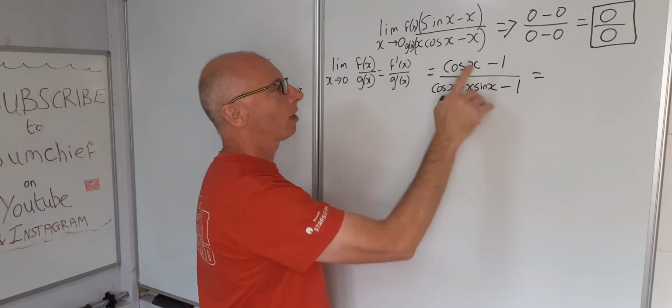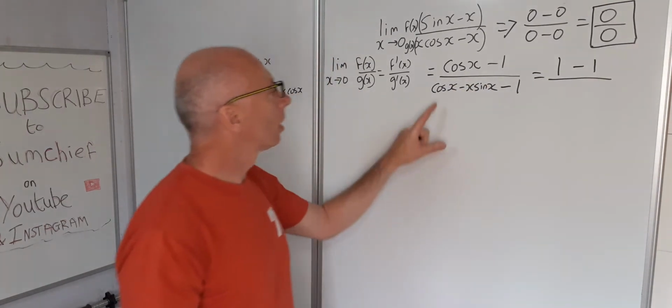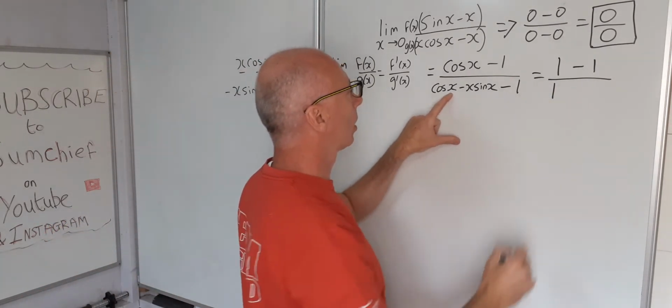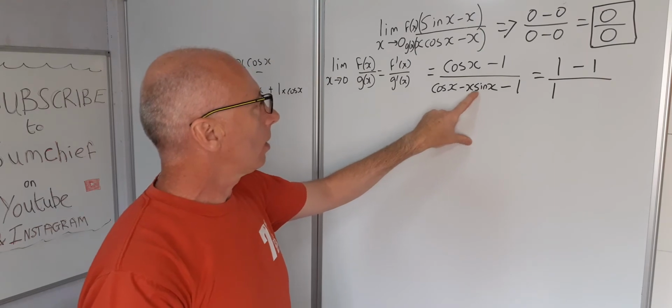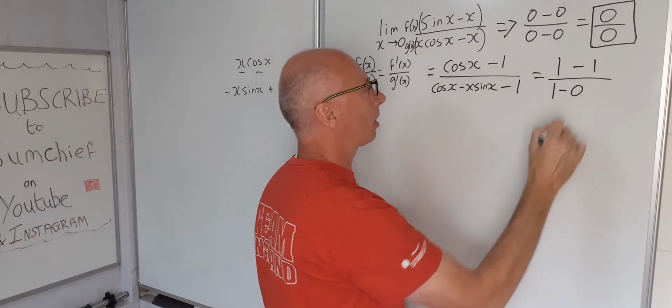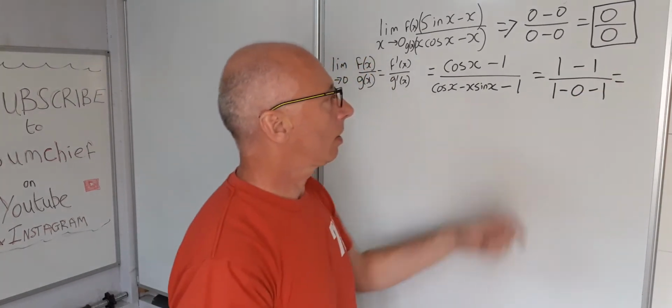So cosine of 0, that's 1, and then minus 1, that stays. Cosine of x, well, cosine of 0 is also 1. x times sine of x, well, that's always going to be 0 because x is 0, so minus 0, and then minus 1 again.